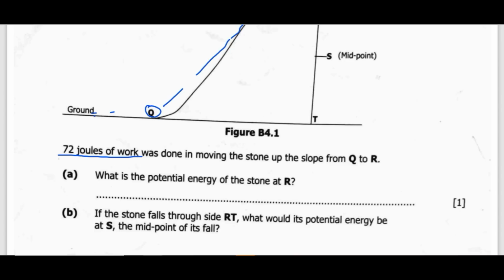So the potential energy it possesses is the same as the work which was given here, which is 72 joules. So we can say P is 72.